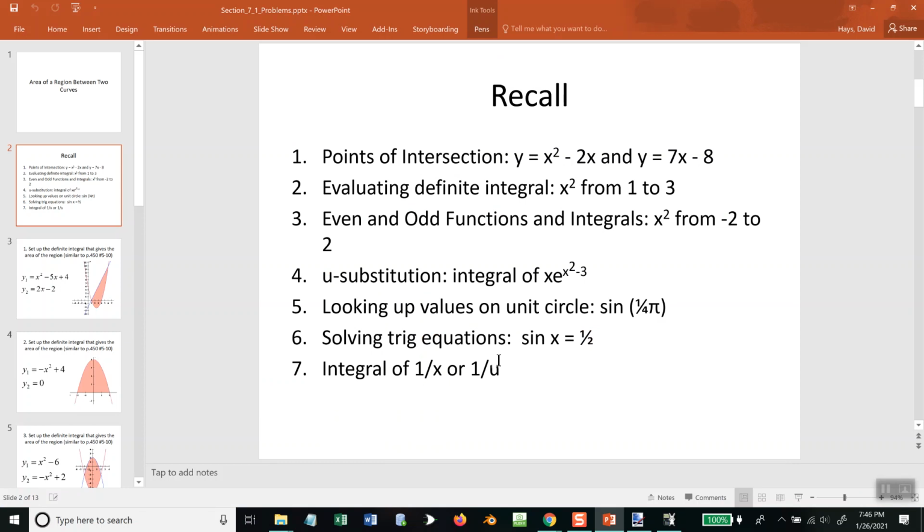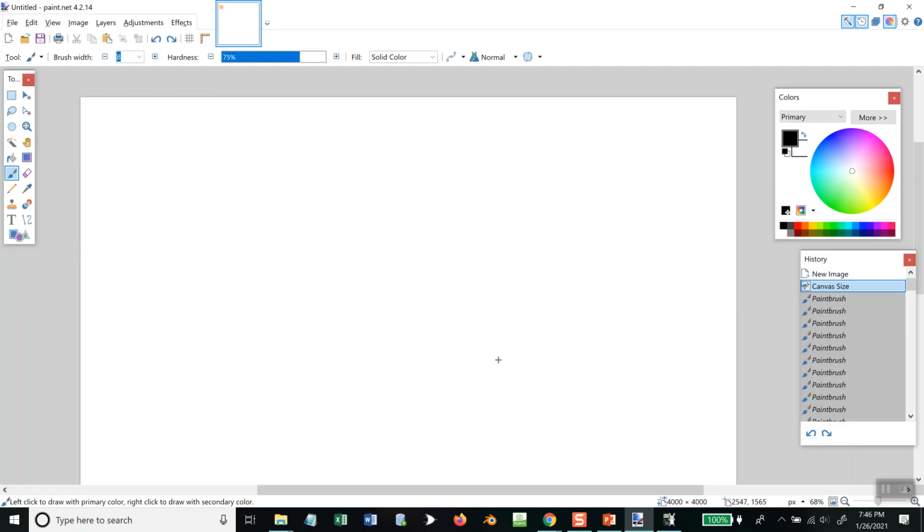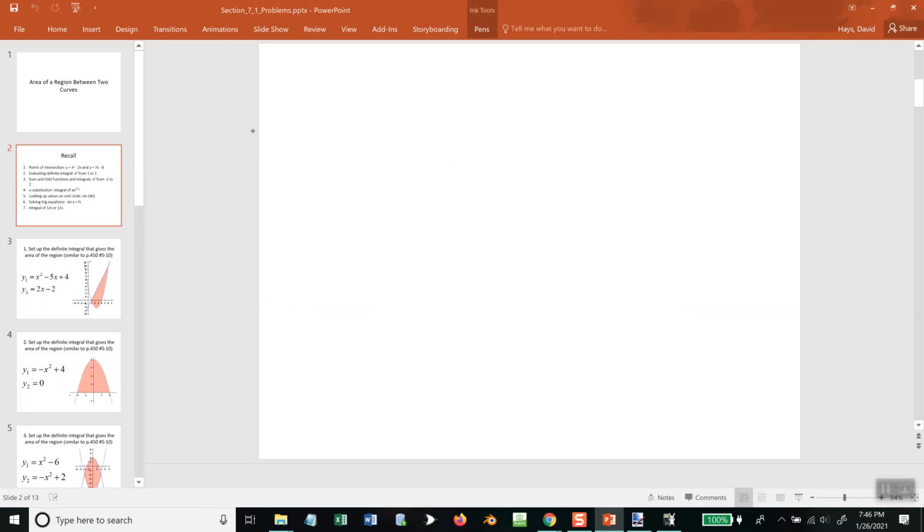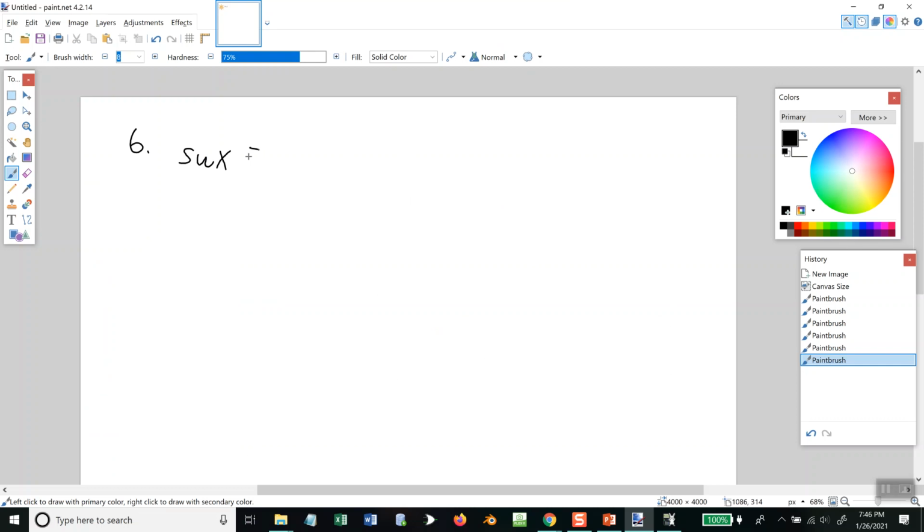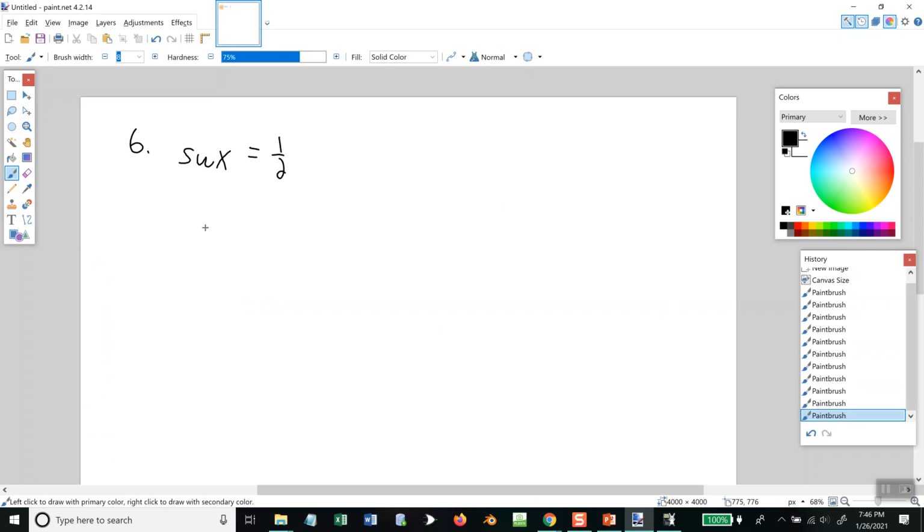Number 6. You should know how to solve trig equations. Sine x is equal to 1/2. What is the answer, between 0 and 2 pi?